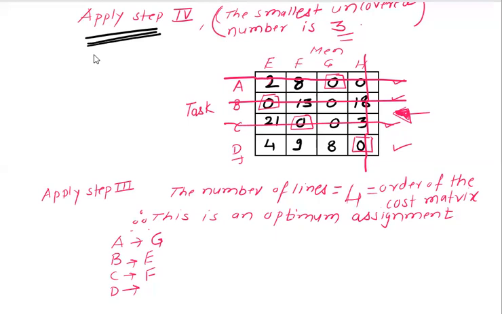So D is assigned with H, the last person. So this is an assignment, the optimum assignment.